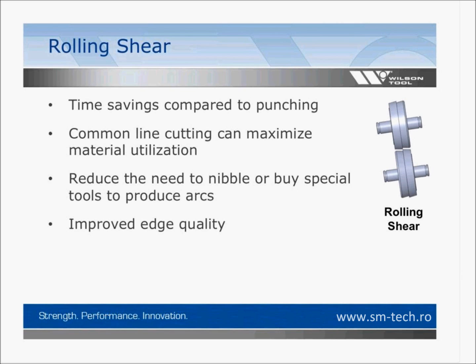If you go back to that video with all those arcs on it, to punch all those arcs would be a lot of expensive tools to buy. And improved edge quality. Because you're not nibbling the edge, you're doing a smooth shear, you don't have a scalloped edge or nibble marks along the edge.